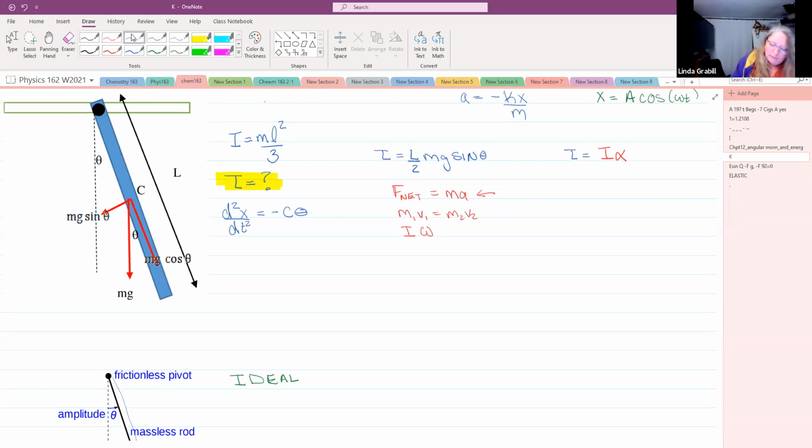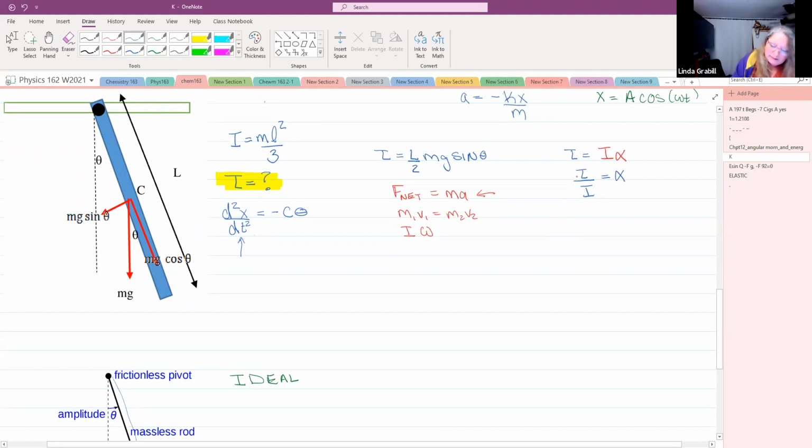Let's see. I can rewrite this because I know that the goal here is this d squared by dt squared gives me acceleration. Remember, the second derivative of position or theta or anything is going to take us from position, however that's defined, to acceleration. So if I rewrite this to be torque over inertia equals alpha, then I feel like I'm getting closer to being able to apply that.